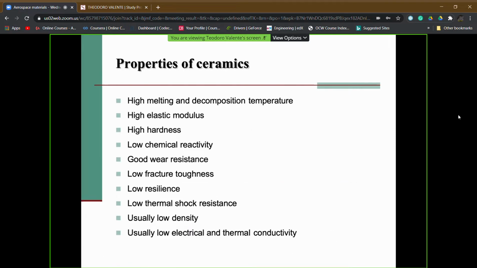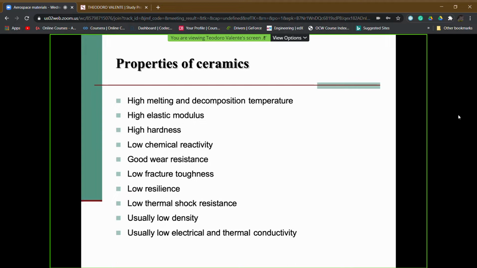Which are the main properties for which these classes of materials can be interesting for some of our applications? Well, that's at a glance one of the most comprehensive resumes of the properties of ceramic materials.